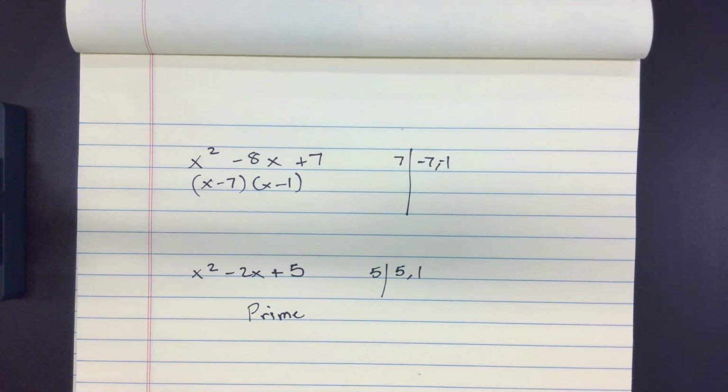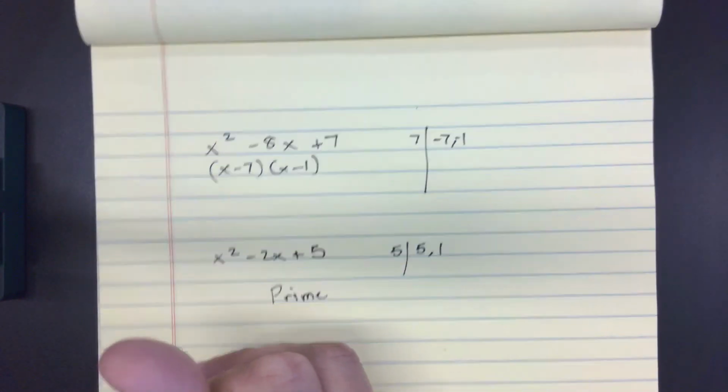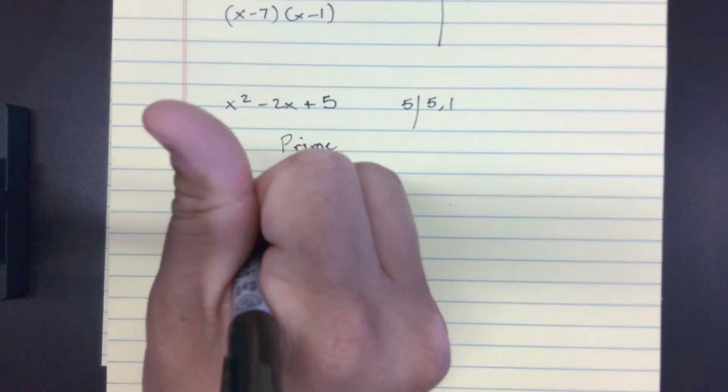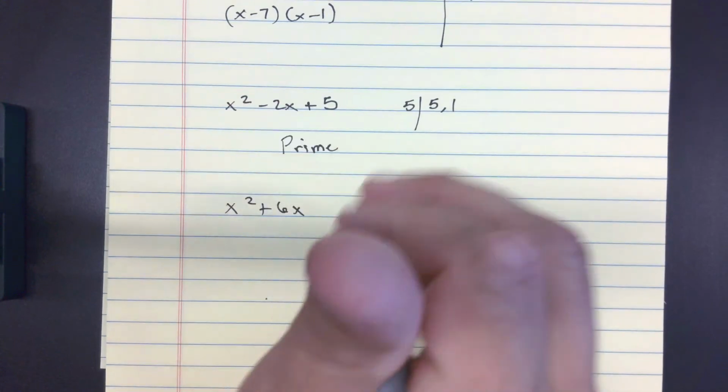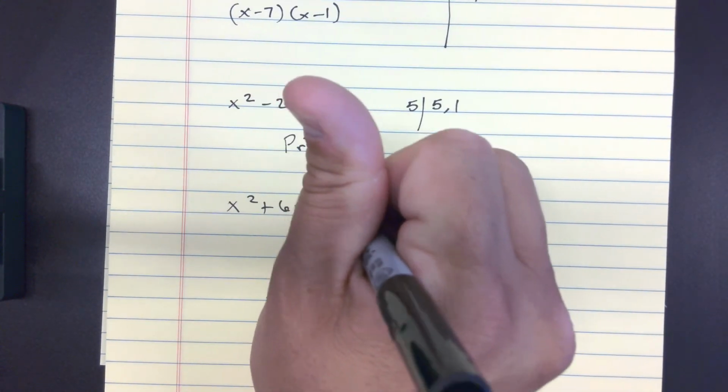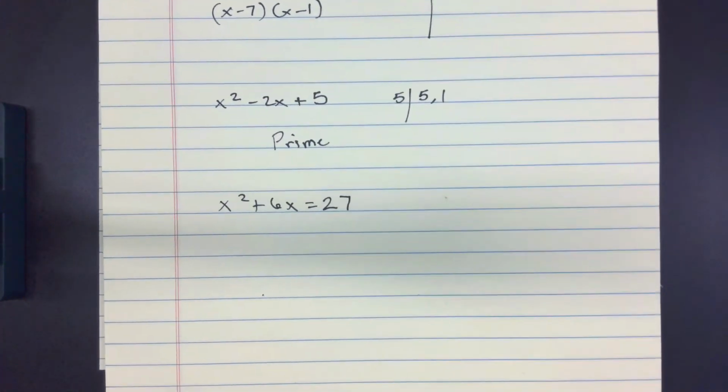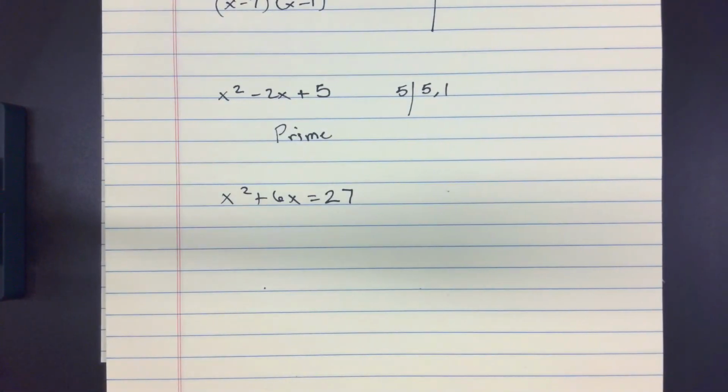Okay, the last thing we have to talk about, and this is where it gets kind of interesting, is we're going to have to solve these. It's only about one step further, but in order to do it, we're going to have some new steps. So here we go. Here's our new problem. x squared plus 6x equals 27.